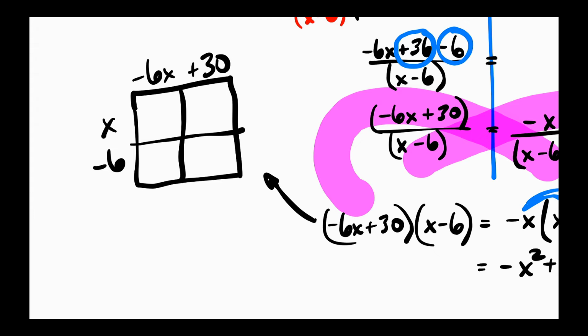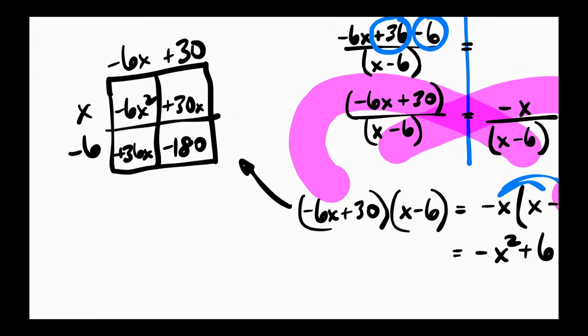So when I do multiplication, I get negative 6x to the second power, positive 30x to the first, positive 36x, and then negative 180. Okay. So before I can go back, I need to combine some like terms.